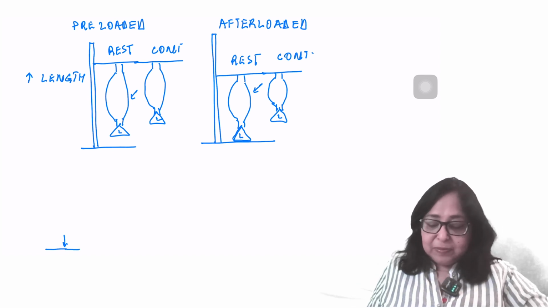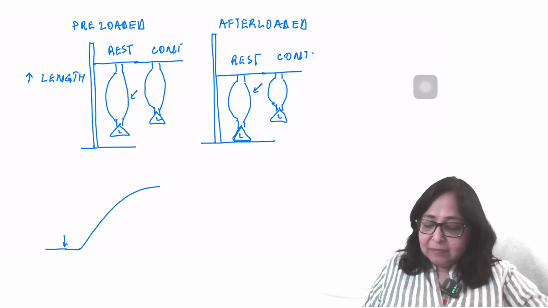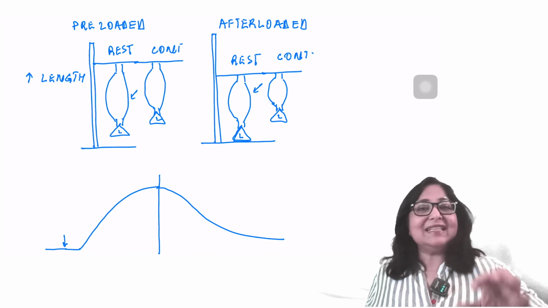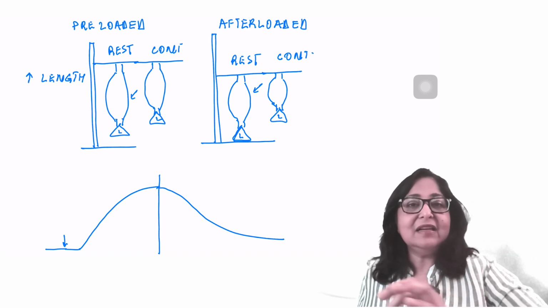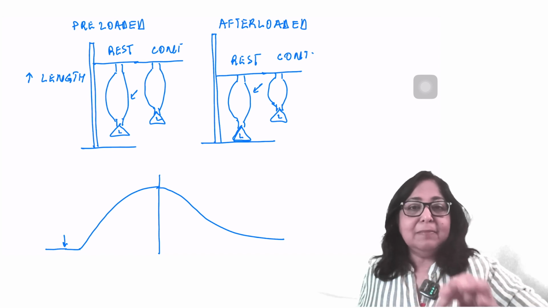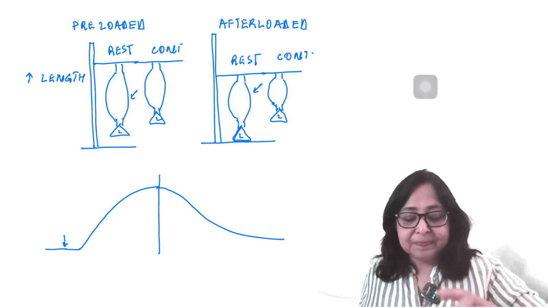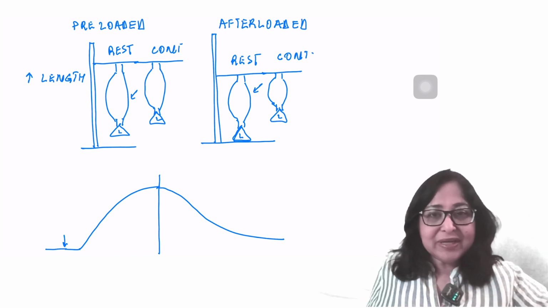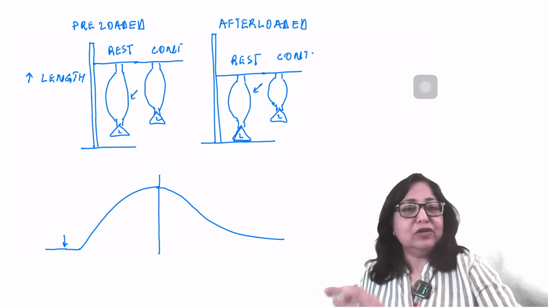A brief latent period, the muscle begins to contract and then the muscle will relax. So this is what is known as a simple muscle twitch. The muscle contraction following a single stimulus. So I recorded the muscle twitch in the preloaded state and in the afterloaded state.